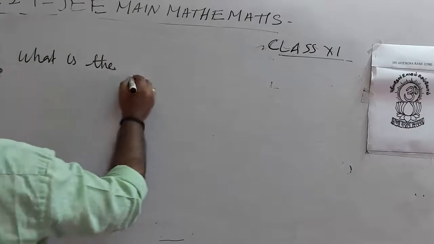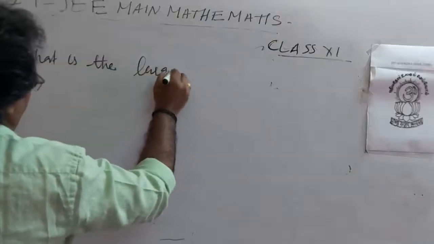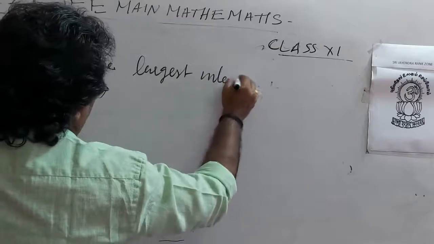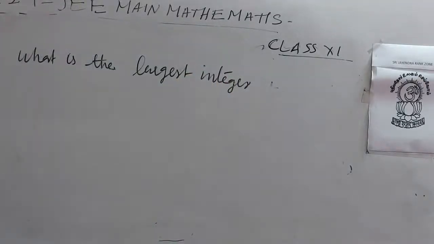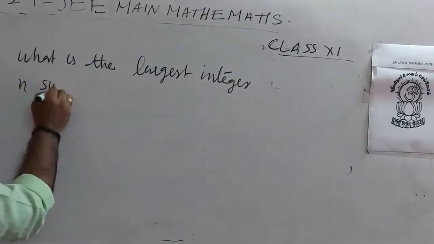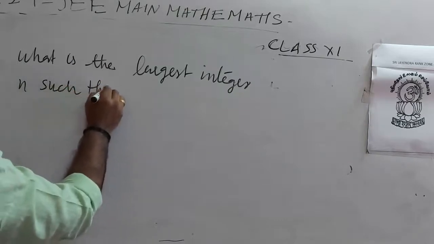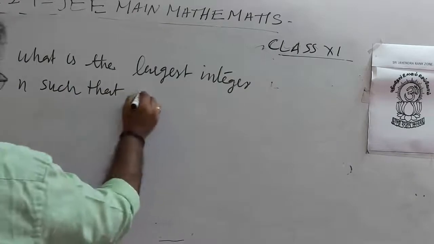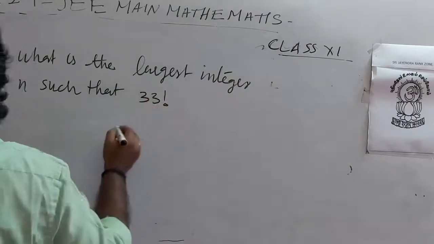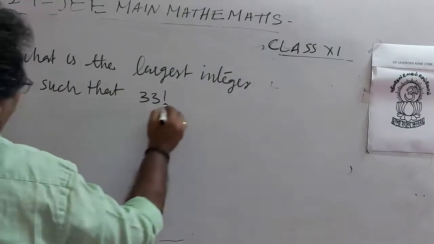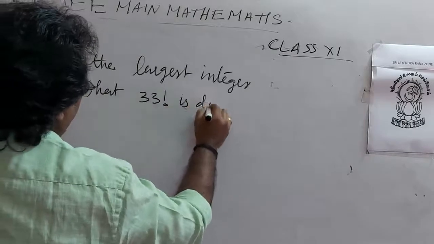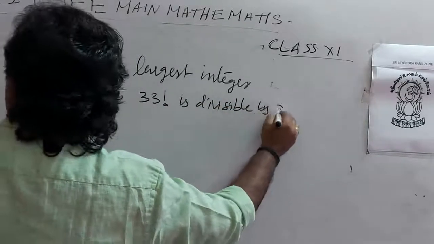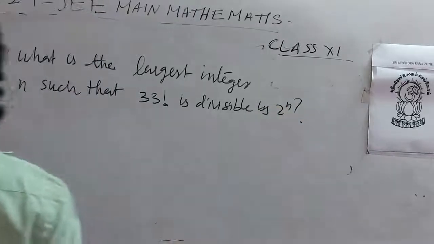What is the largest integer n such that 33 factorial is divisible by 2 power n?